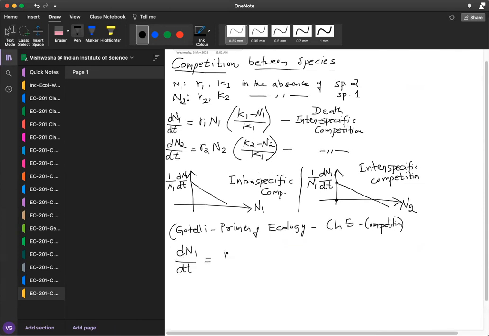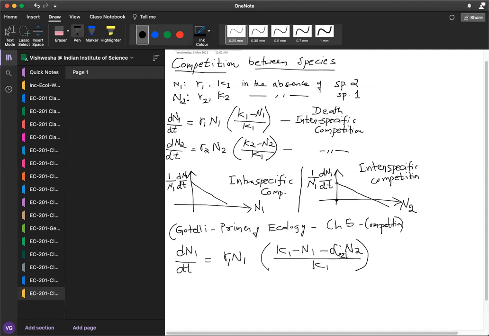dN1/dt equals R1 N1 times (K1 minus N1 minus alpha N2) divided by K1. So just so that we remember what alpha is, I'm going to write alpha 2,1.